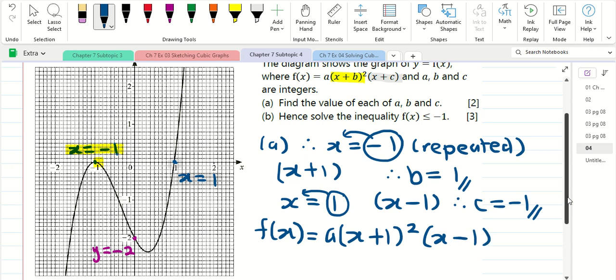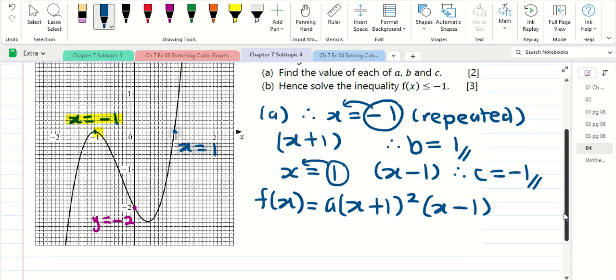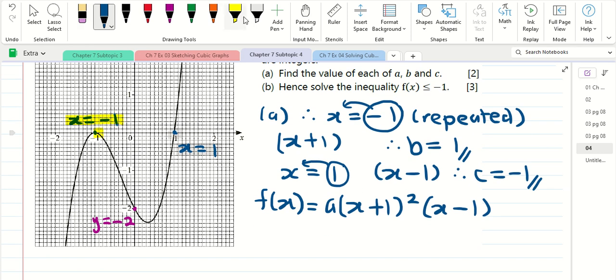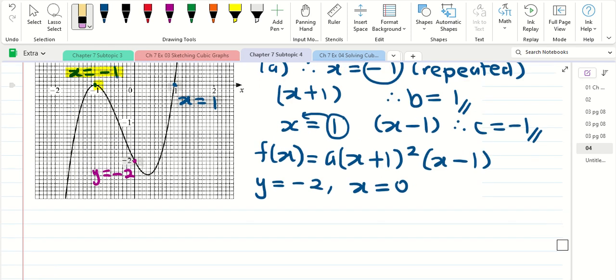So here, let's have a look on how to find a. For a, we have to depend on the value where the graph touches the y-axis at y equals negative 2. So at the y-axis, if y equals negative 2, in that part, x equals 0. So this coordinate is (0, negative 2). You are going to substitute this into the fx above so that you can find the value of a.